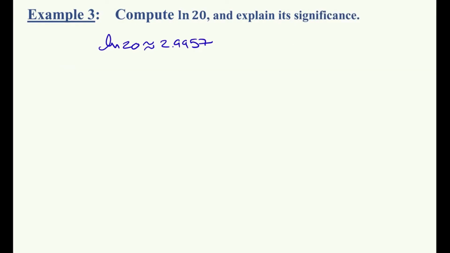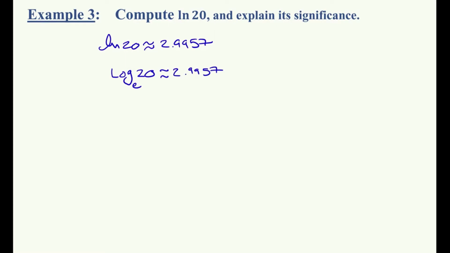Now, we also want to know the significance of what we have just found, because we can teach a child to type in ln of 20, but the child won't ever understand what it means. But we have the capability to know what that is, so we always should. Remember, we have just computed log base e of 20, and found that to be 2.9957.